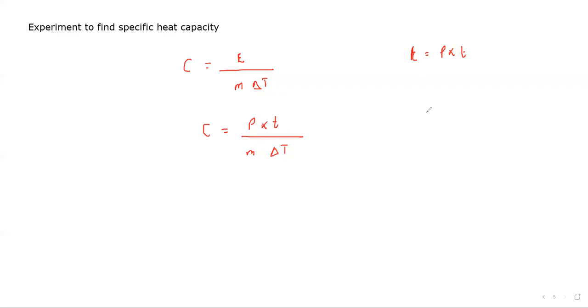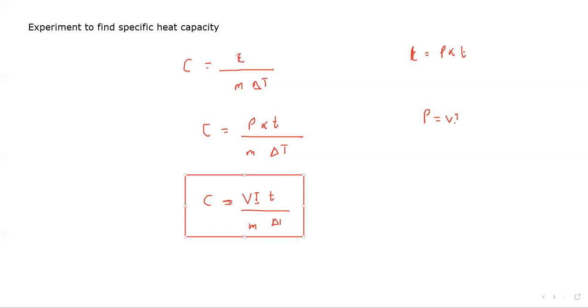And because we are using an electrical heater, electrical power is the product of voltage and current. So for specific heat capacity, practically we need voltage, we need current, we need how much time the heater is switched on, and the mass and the temperature change. To calculate the temperature change, we measure the initial and final temperature.